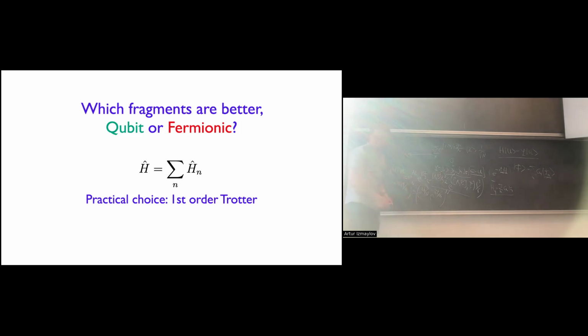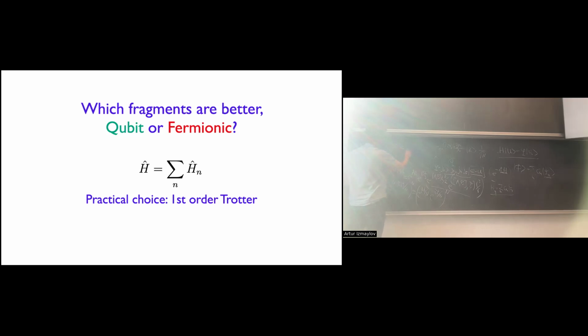I guess the easiest way to write the second order would be, let's say our total time t is partitioned into delta t's.